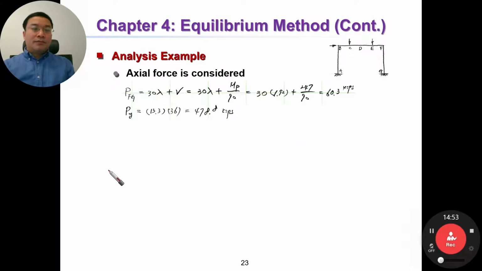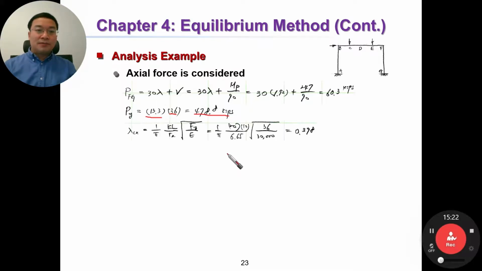What else? PY. PY equal to A, the section area, and A equal to 13.2 or 0.3, multiplied by sigma y or Fy of the material, let's say steel, or PY equal to this one, PY of the section.